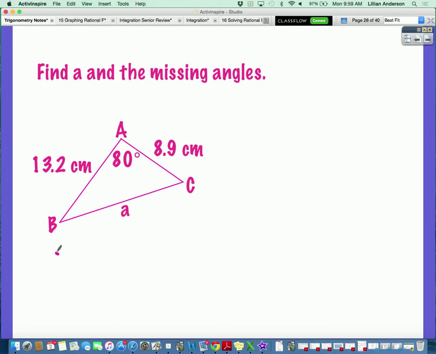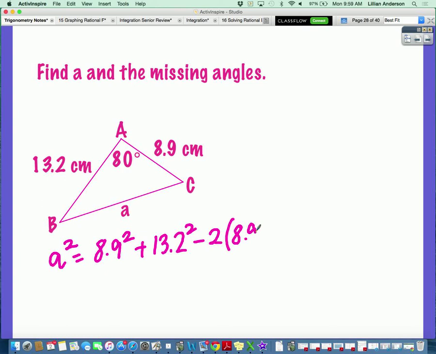We would set it up using the formula A squared equals 8.9 squared plus 13.2 squared minus 2 times 8.9 times 13.2 times cosine 80. There you go. This is the formula that you would use to set up.